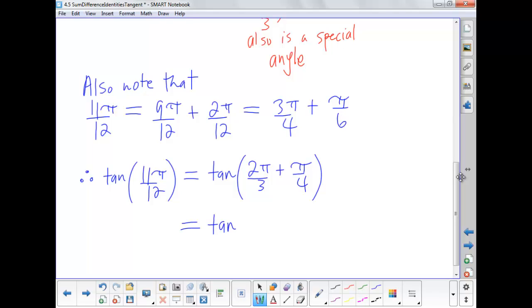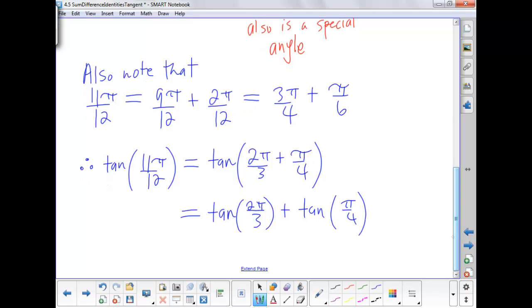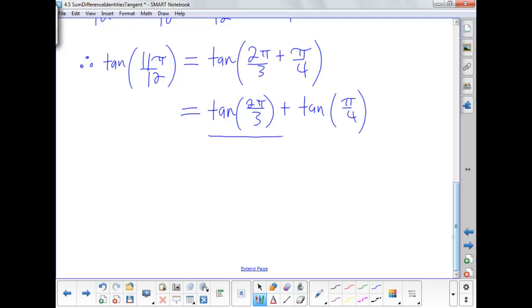So this would become tangent of 2 pi over 3 plus tangent of pi over 4. And I have to divide that by 1 minus the product of those two tangents. So tangent of 2 pi over 3 times tangent of pi over 4.